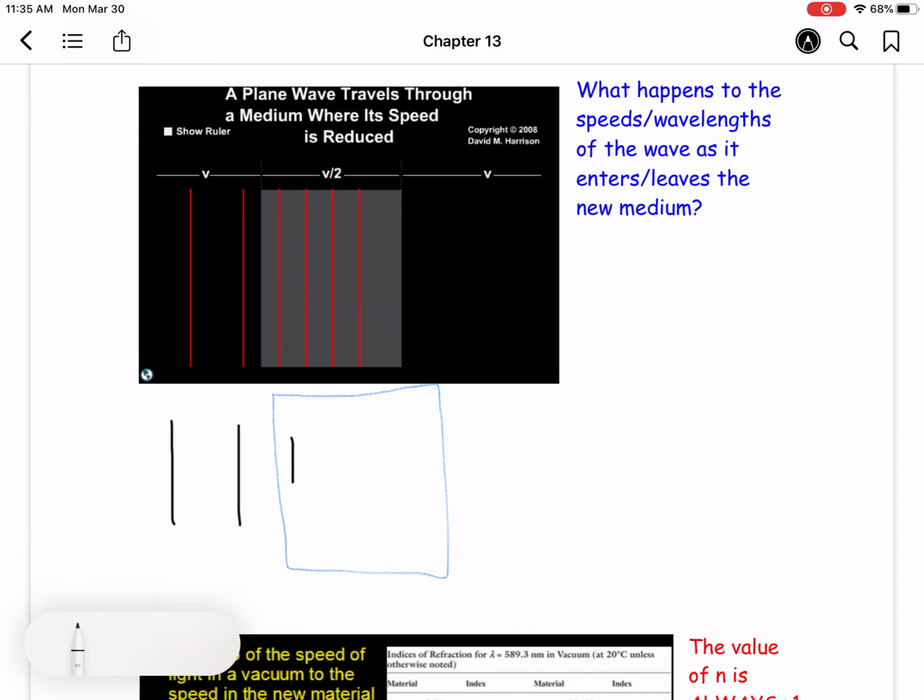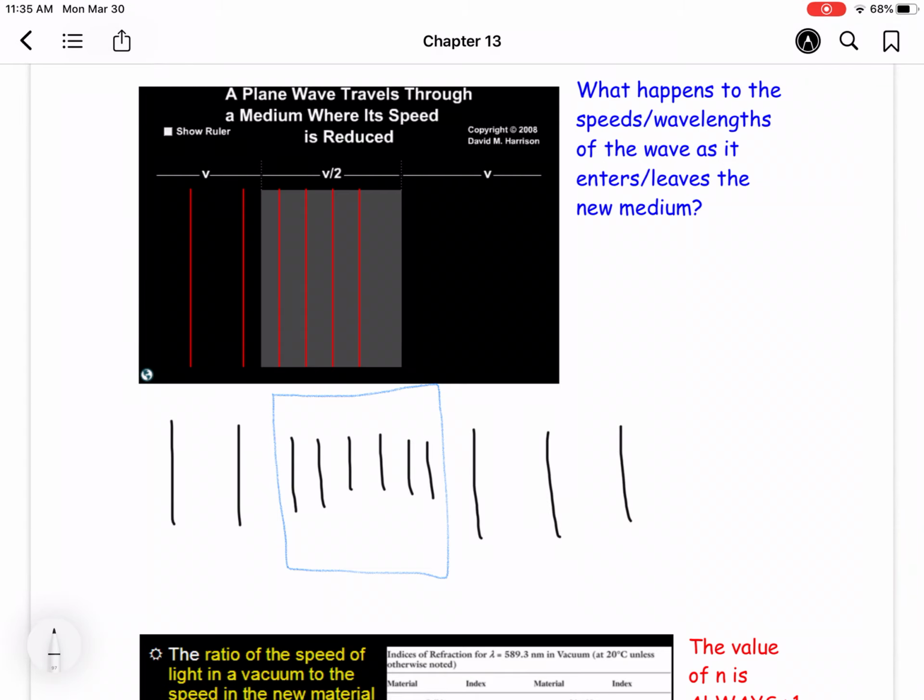Then it'll slow down. So they actually end up getting closer together within the actual medium. Then when this front ray leaves the medium, it gets a chance to space out again. So the velocity changes and the wavelength changes.